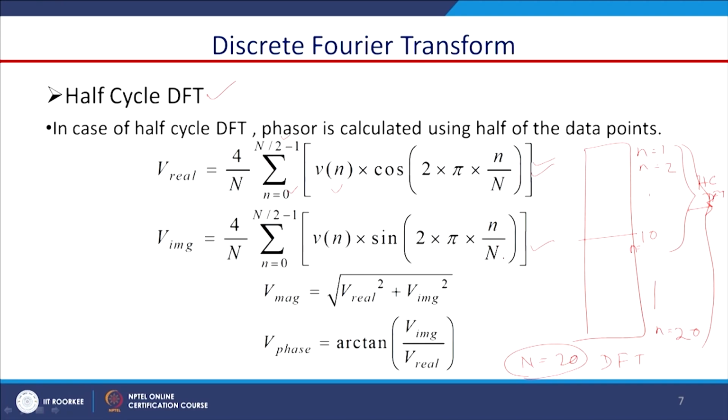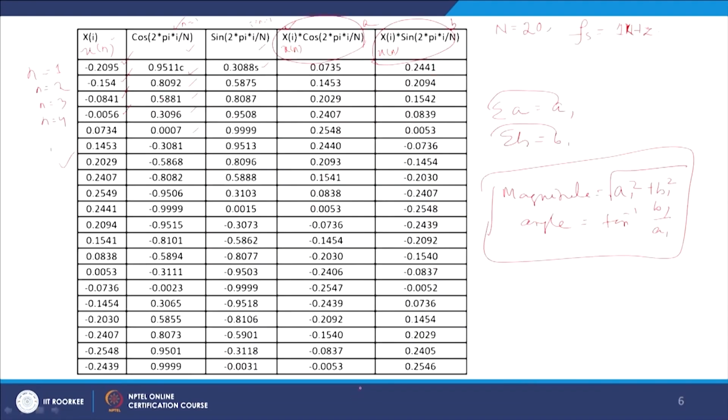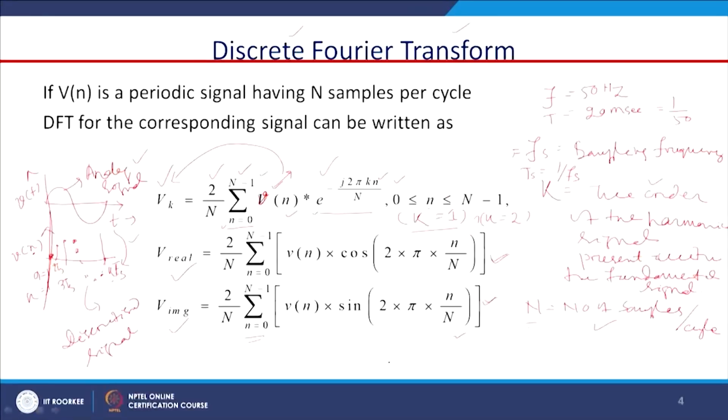There is no change in N here. It does not mean that we will take N by 2 in place of N. No, here this N stands for the number of samples per cycle, so it is not required to change it. The magnitude and phase formula is the same as we previously did for the DFT. You can see here in case of DFT, we have taken the same.